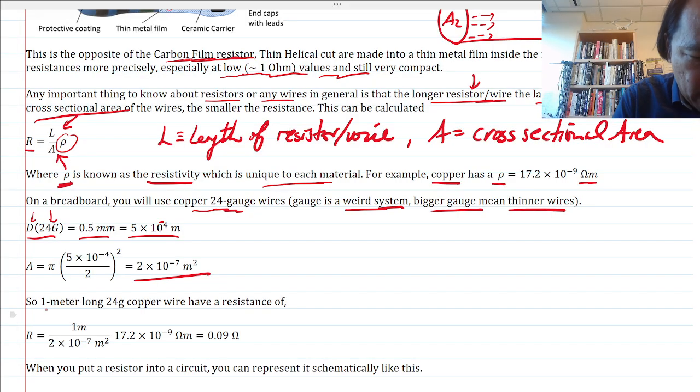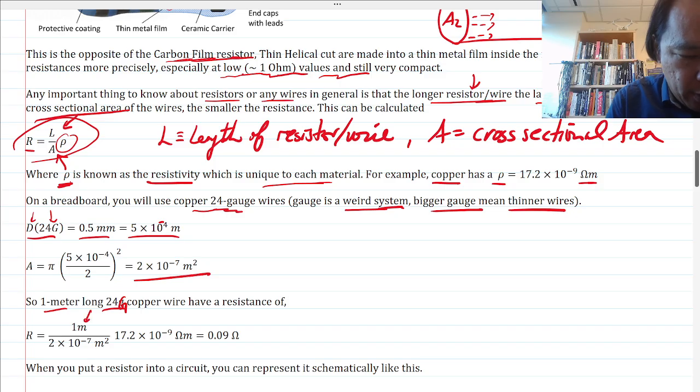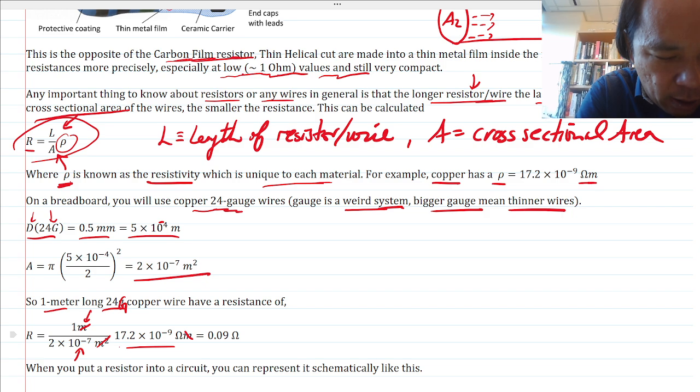So let's say I have a 1 meter long 24 gauge copper wire. If I plug it into this equation, the length is 1 meter, the cross-sectional area is 2 times 10 to the negative 7 square meter. The meters completely cancel out, and you multiply by the resistivity of copper.